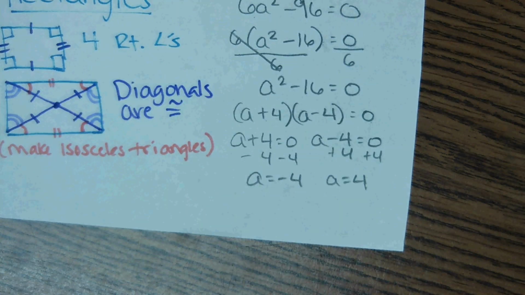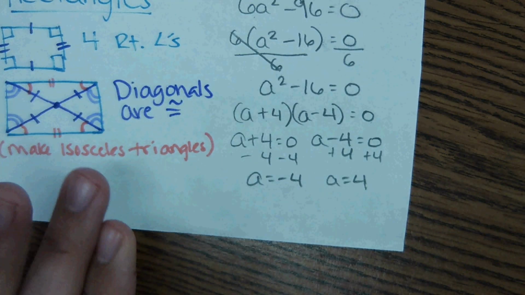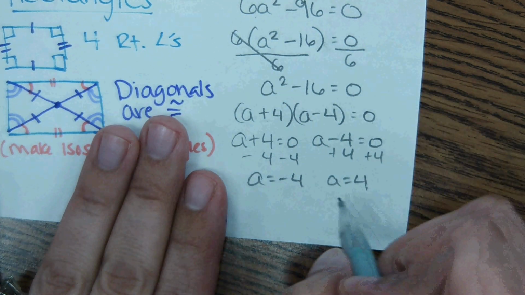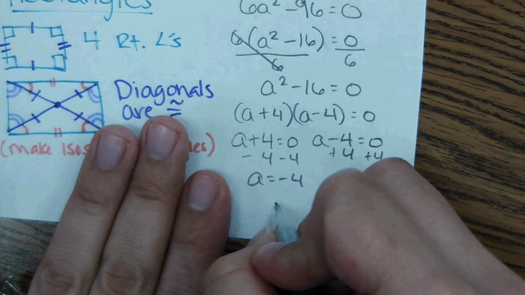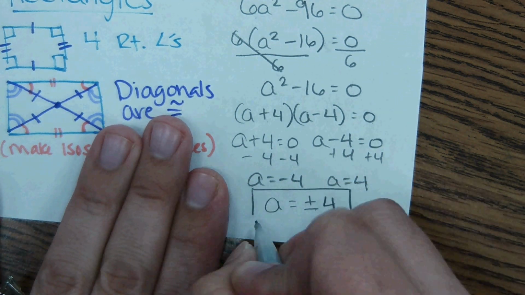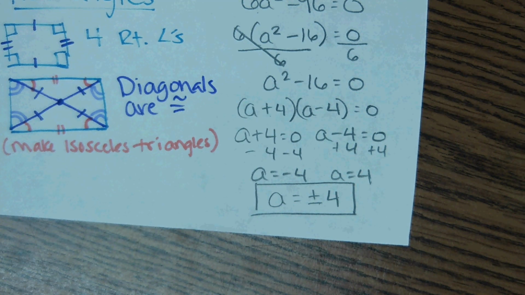Okay, so a has two answers. You can plug it back in to solve and make sure it's right, but they'll both work. So a is plus or minus 4. And that's just the answer.